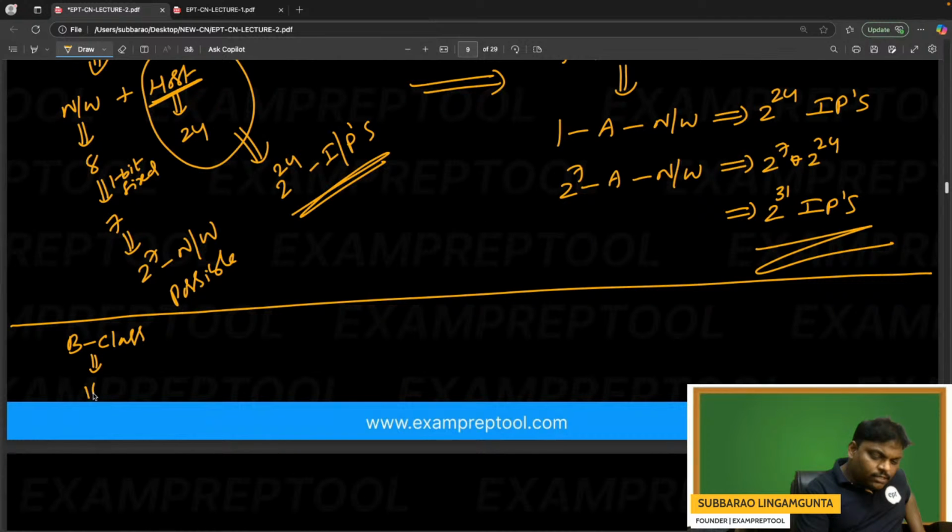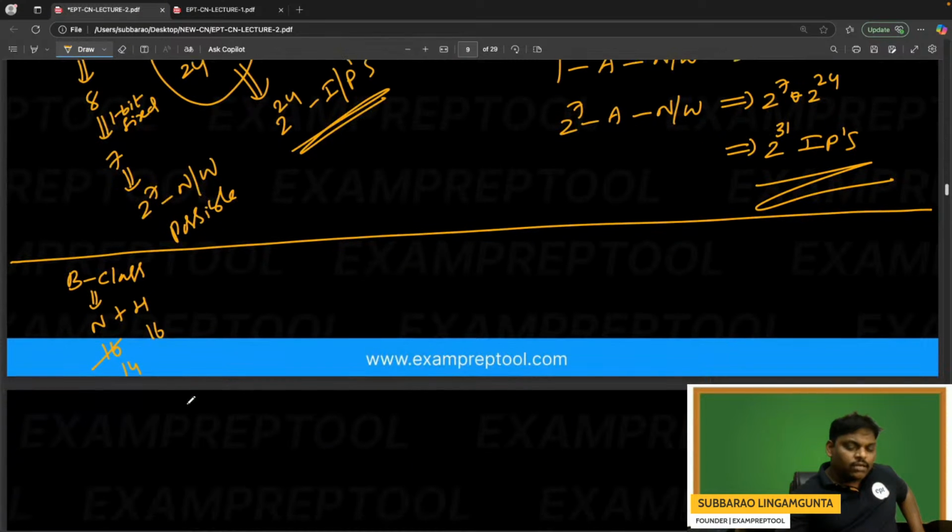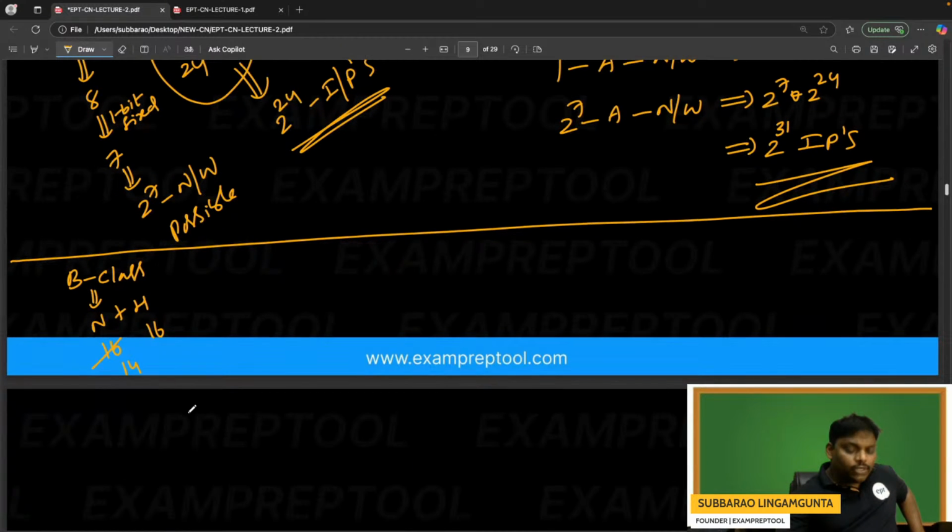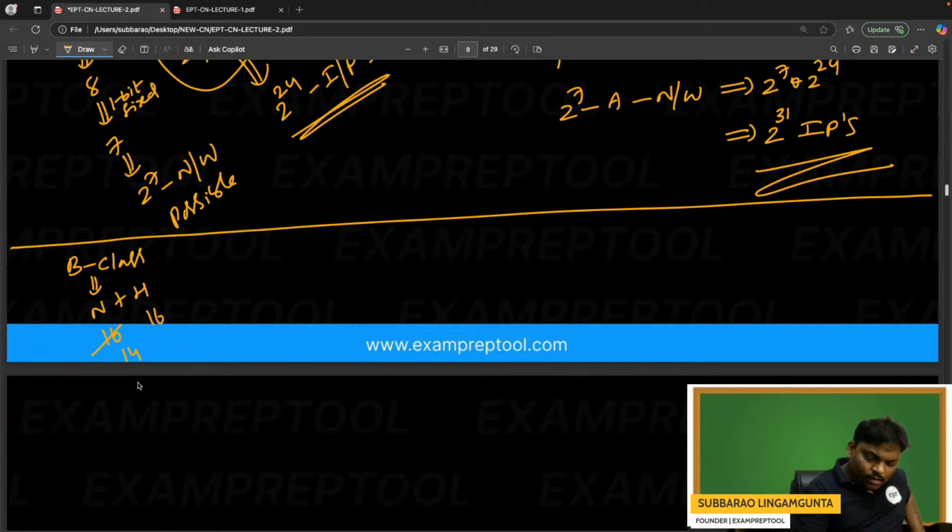Class B, if you observe clearly, it is 16 plus 16. Let me write: network plus host. Network is 16, host also 16. But remember, out of 16 network bits, 2 bits are fixed, so only 14. With only 14, how many networks are possible? 2 power 14 networks.